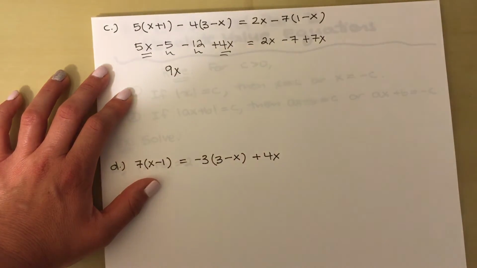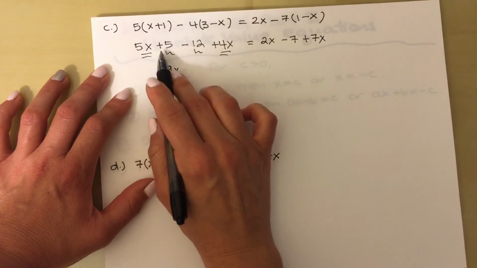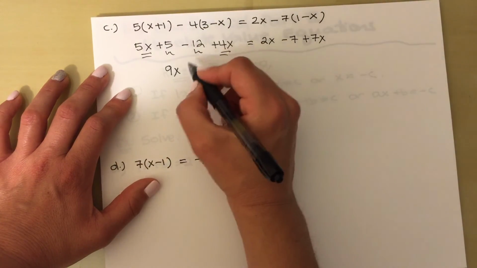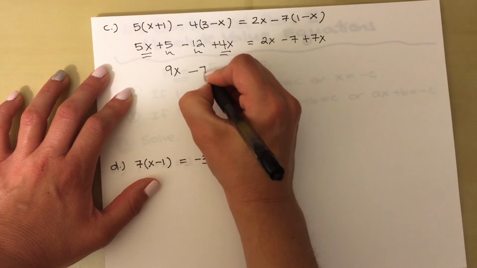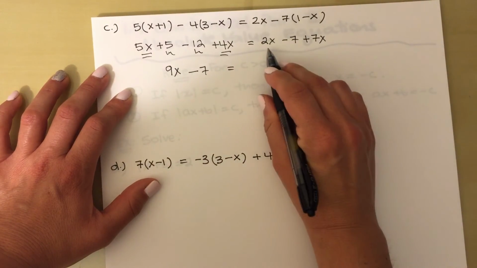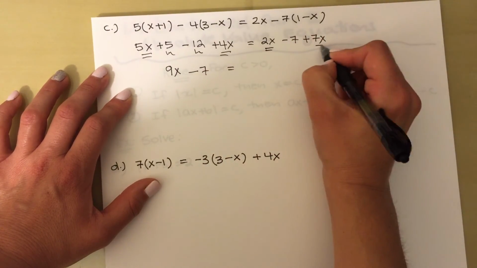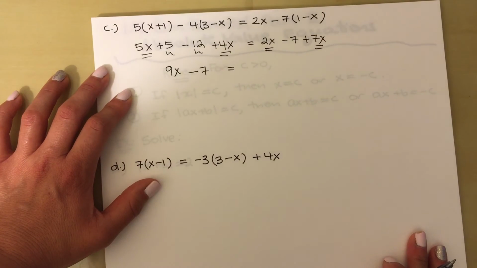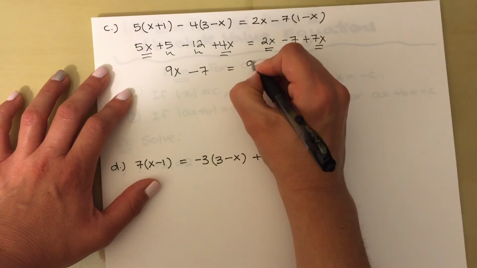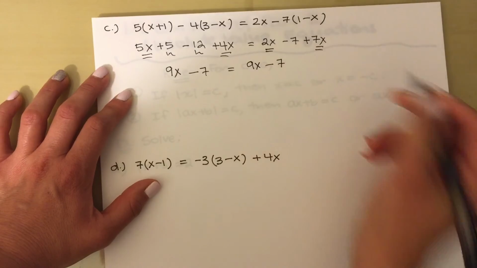Actually this should be a plus 5. So plus 5 minus 12, that's going to give me a negative 7. And then on this side we have 2x plus 7x, that's going to give us 9x minus 7.